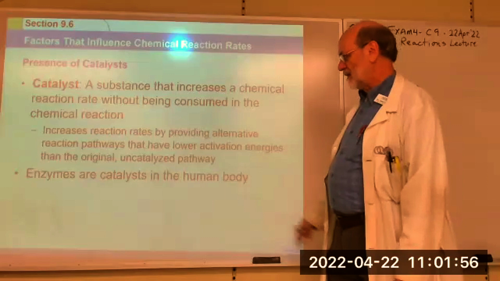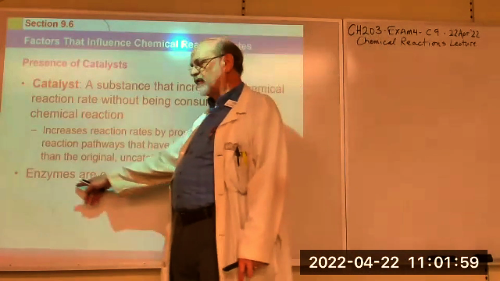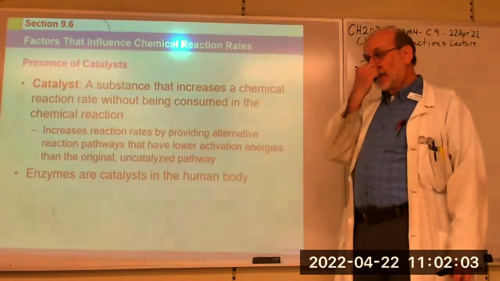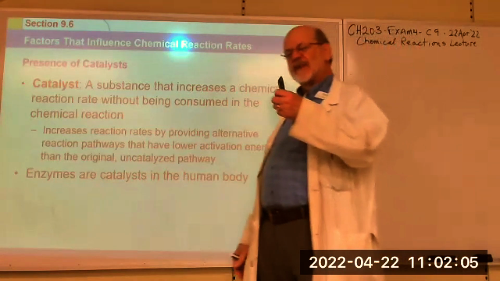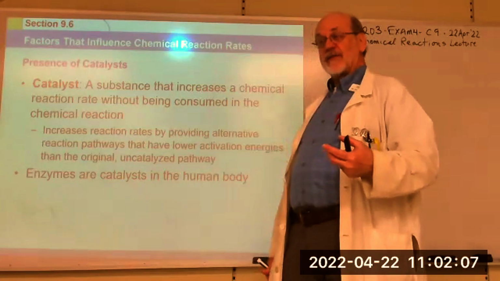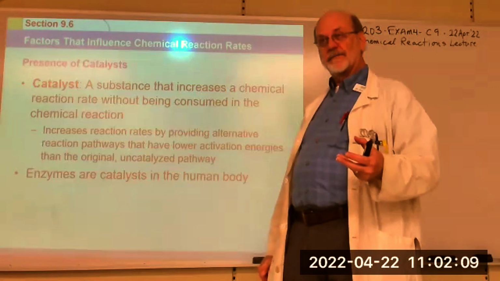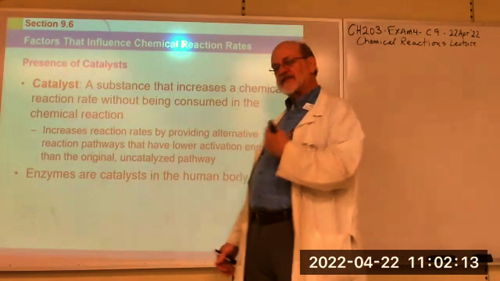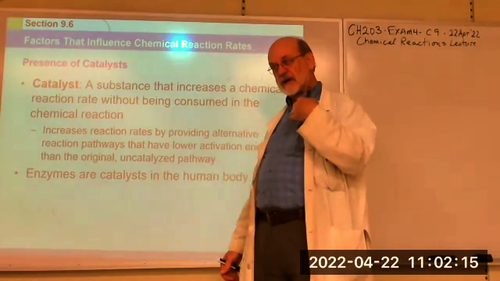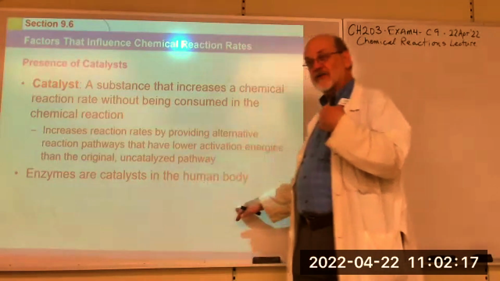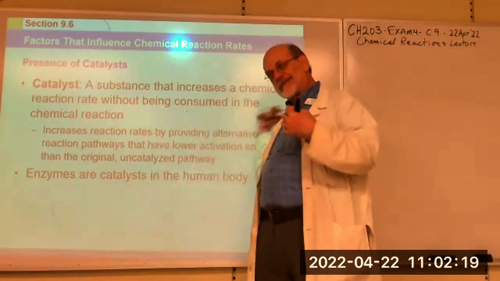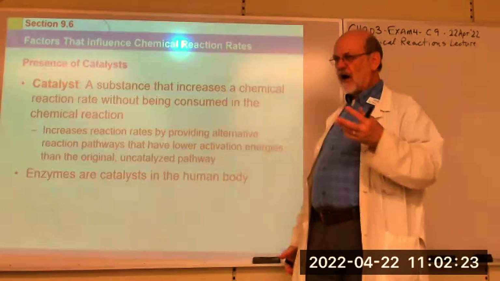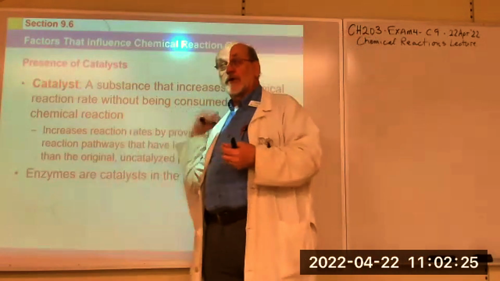So an enzyme has to be activated before it will cause the catalytic process to occur. So that means the cell can deactivate an enzyme if it doesn't want that reaction to occur. It can respond to some other stimulus. And then when it wants the enzyme to promote the reaction, it activates the enzyme, and there you go. And most of them, not all, but most enzymes only work in one direction.